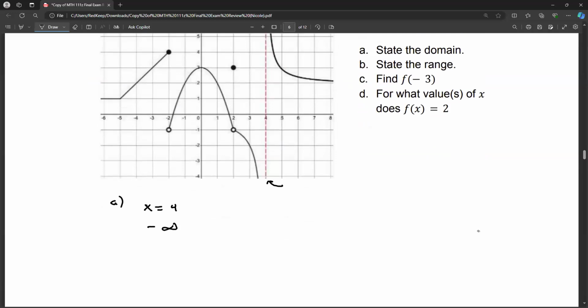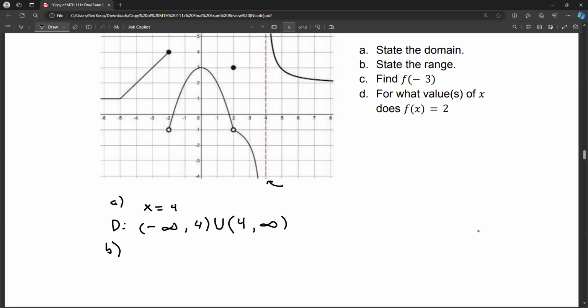There's no other issues that we can see from the graph. It can get as close as we want to 4 from the left-hand side, but never equaling 4. Then we'll use the union symbol. The same concept here: it can get as close as we want to 4 from the right-hand side, but never equaling 4. Then it looks like it can just go off to positive infinity just fine. So this would be the domain. I'll label it D.